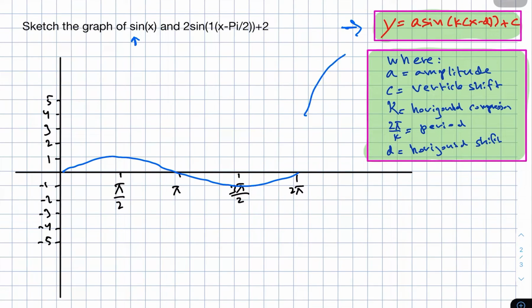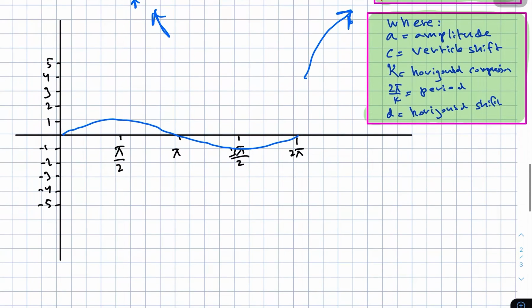So this general formula that I've written down is used when we know sine of x, and we can use the graph of sine of x to do further horizontal compressions or vertical shifts and horizontal shifts. So this is the basic function sine of x.